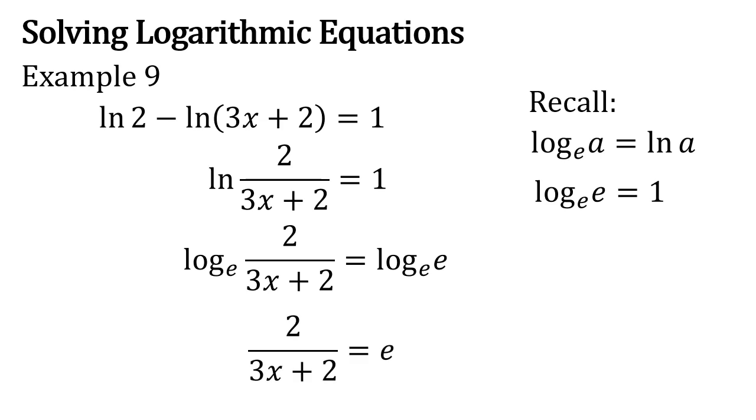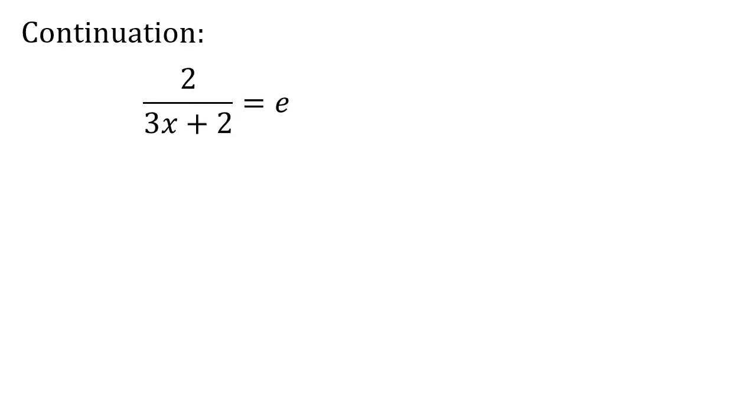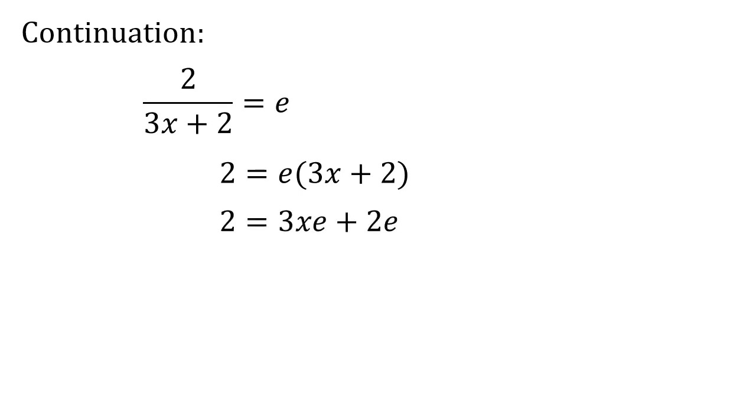Then let us continue our solution. Apply cross multiplication, that will be 2 equals e times 3x plus 2. So distribute e, this will be 2 equals 3xe plus 2e. Interchange the terms in the equation by the symmetric property.